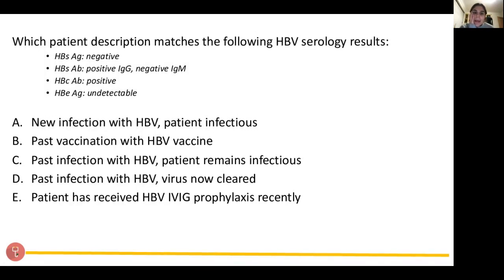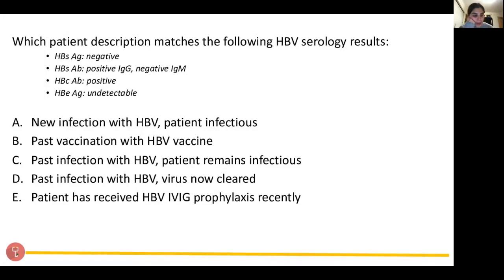And then they're HBsAb positive. So that's the antibody, right? So they're positive for IgG, so going further back, and negative for IgM, which is more recent. So we know that there is potentially an element of past infection here, right?